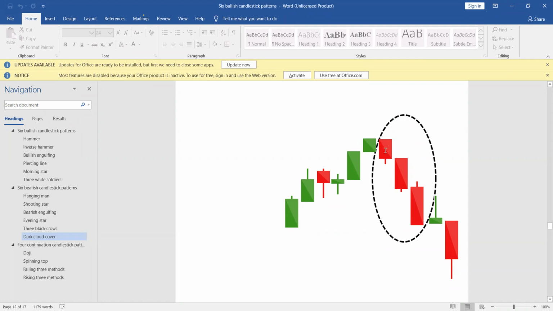And when you check this momentum, you see it's somehow progressive. It's small, it's bigger, bigger, bigger. And this tells us that there is high pressure of selling in the market. The momentum the bears have is really high. So we are looking out for a sell when we find this pattern around a resistance area.